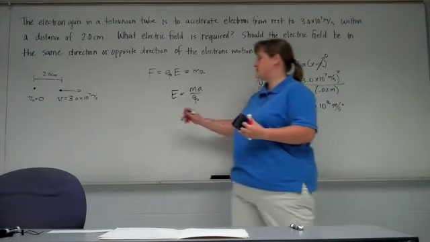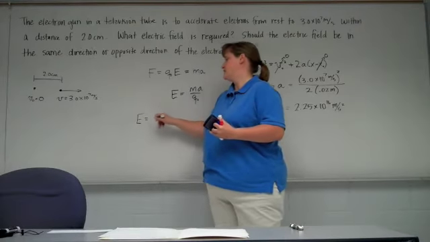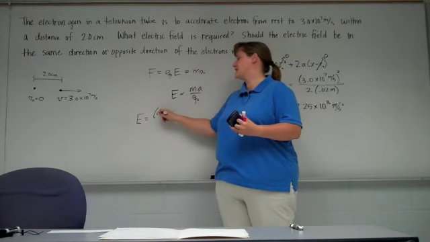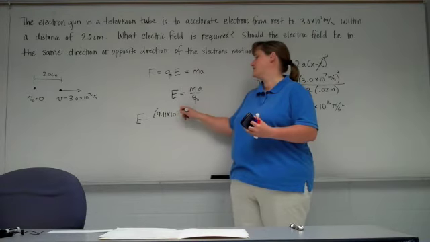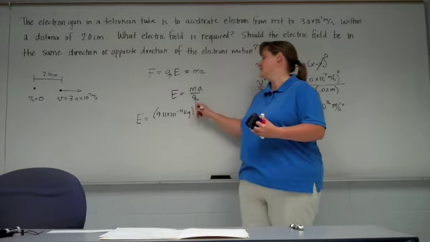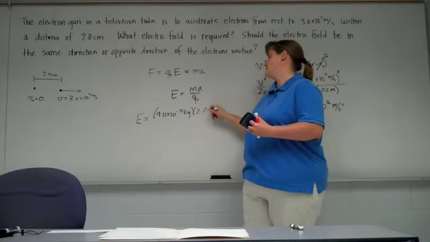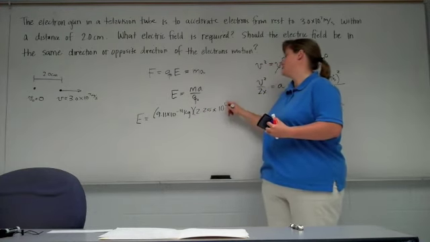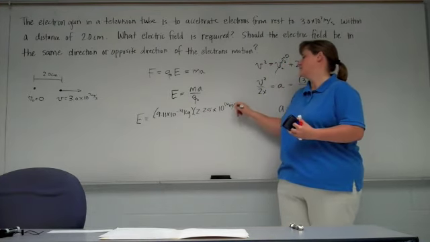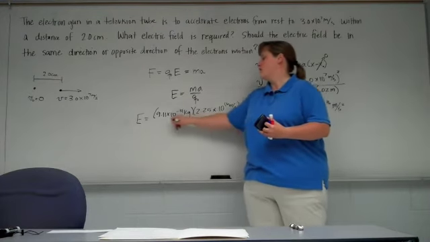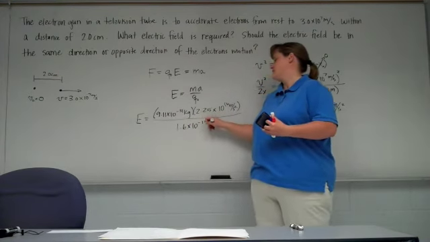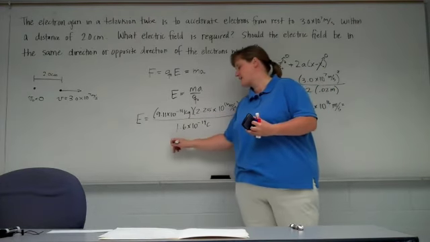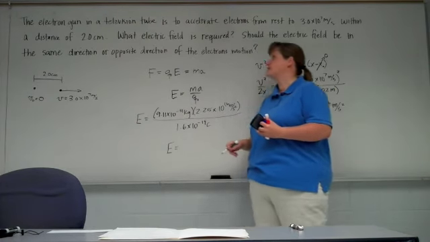So our electric field depends upon the mass of our electron, which we know, 9.11 times 10 to the negative 31 kilograms. Our acceleration, which we just figured out, over the charge of the electron. I'm using just the magnitude to get the magnitude of the electric field.